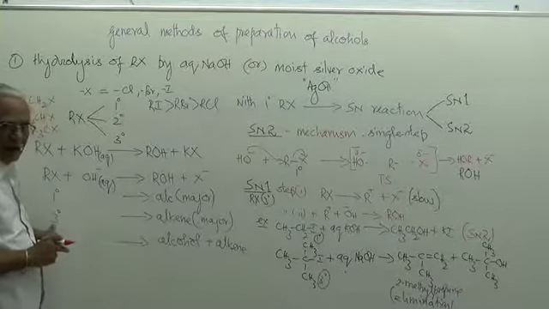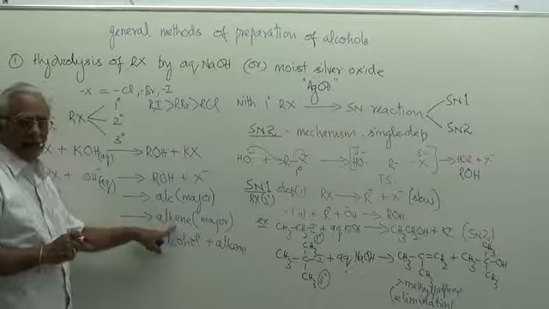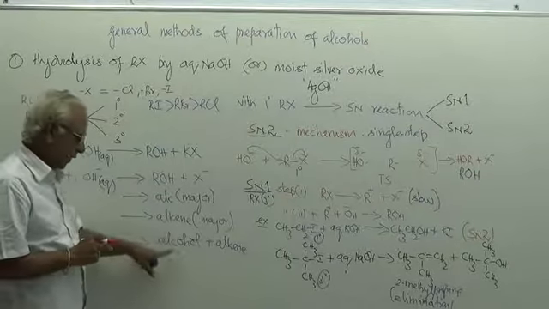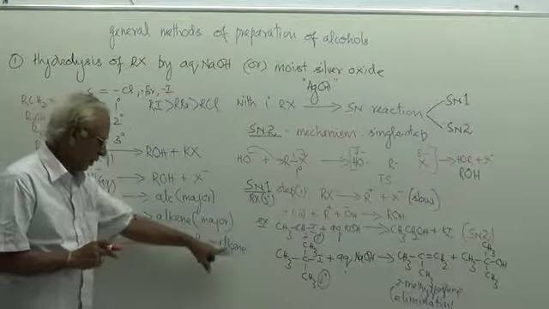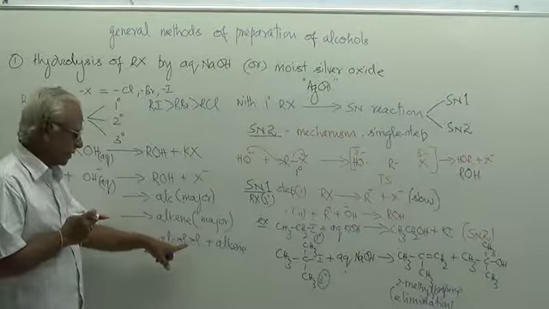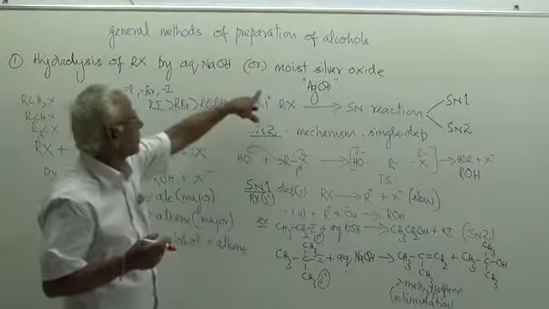The other extreme, if the alkyl halide happens to be a tertiary halide, you get an alkene as a major product. If alkyl halide happens to be a secondary halide, you get a mixture of alcohols and alkenes. Depending on other parameters, either this could be the major product or this could be the major product.